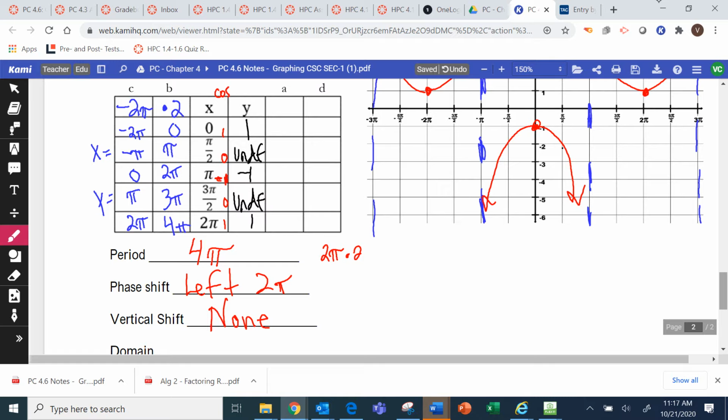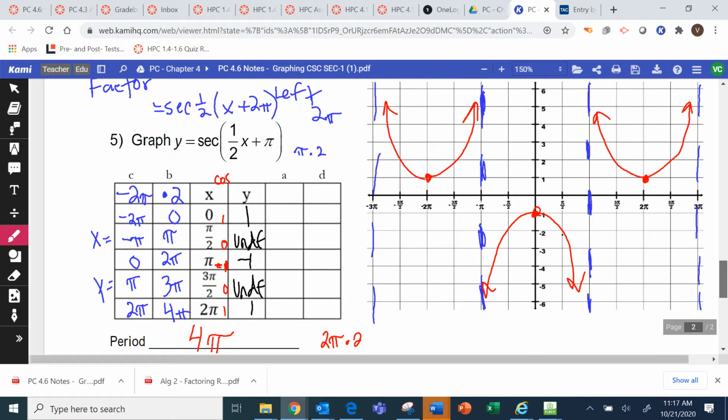Domain and asymptote. I'm going to fill out the asymptote first. I think it's easier. What's the first? At pi.